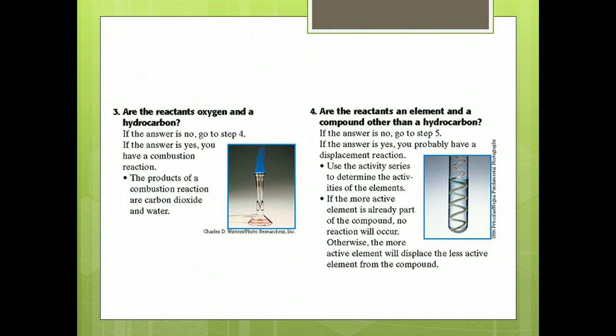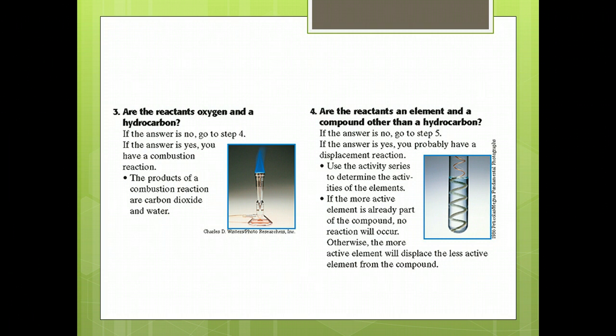Step 4. Are the reactants an element and a compound other than a hydrocarbon? So do we have an element and a compound that's not a hydrocarbon? If the answer is no, go to step 5. If the answer is yes, you probably have a displacement reaction.